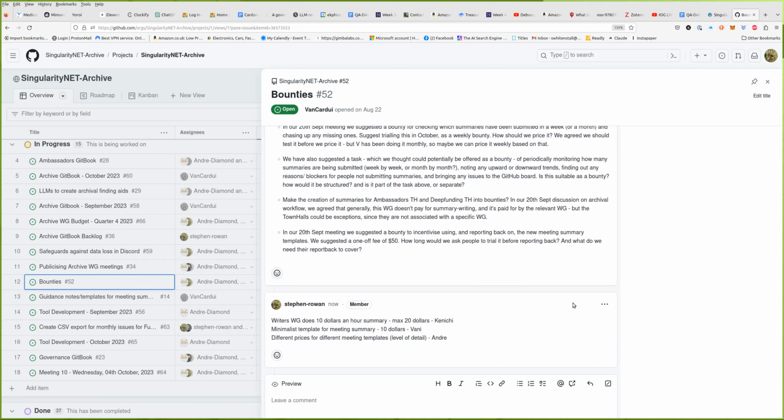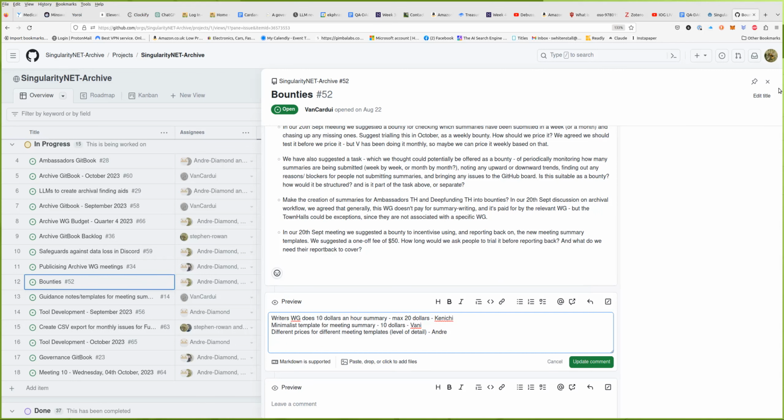Okay. What I'm thinking is I undertook to message Peter and ask, do you think it's a good idea to have the documentation of the Ambassadors Town Hall as a bounty? So I'll do that straight after this meeting. Assuming it's good, then maybe we start by trialing the two town halls as bounties because it's maybe easier.